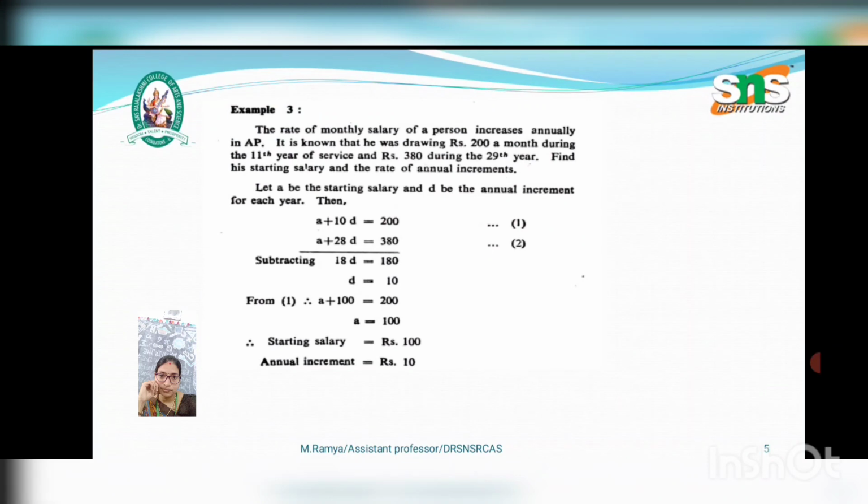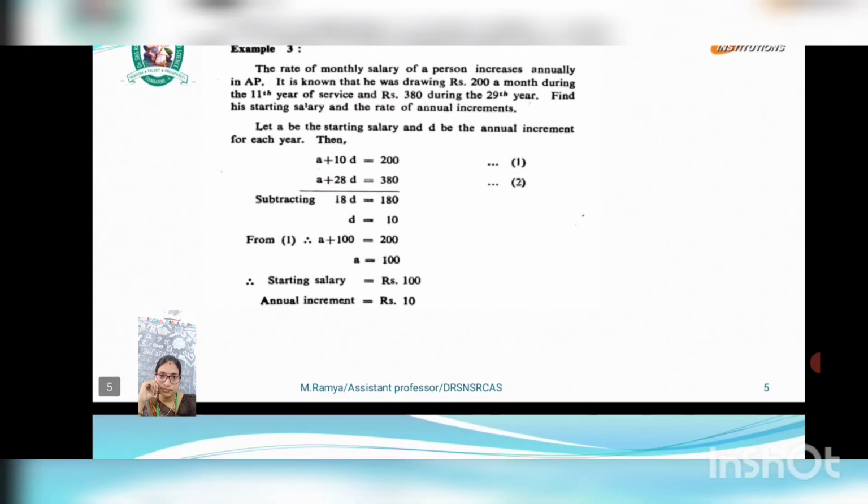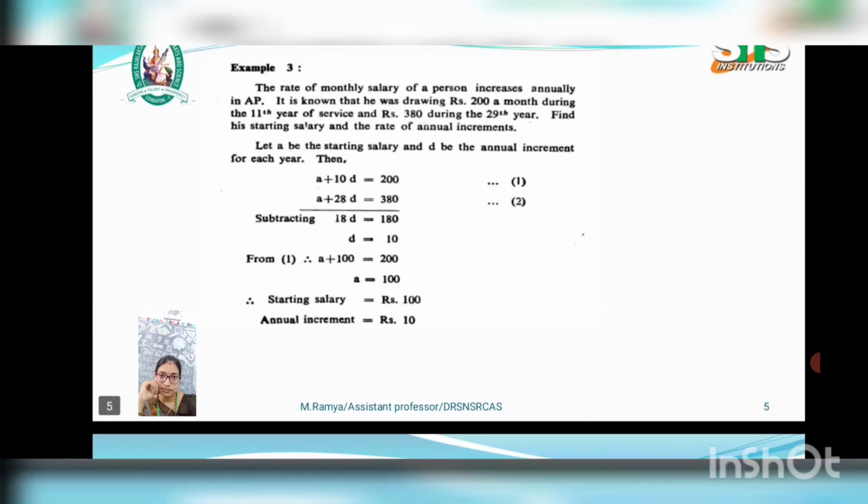Next, third sum. The monthly salary of a person increases annually in AP. It is known that he was drawing rupees 200 a month during the 11th year of service and rupees 380 during the 29th year. Find his starting salary and the rate of annual increments. a is the starting salary, the rate of increment is d.